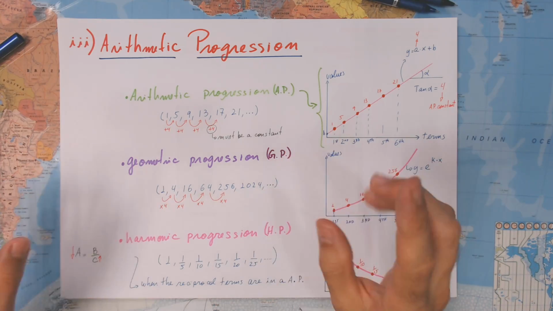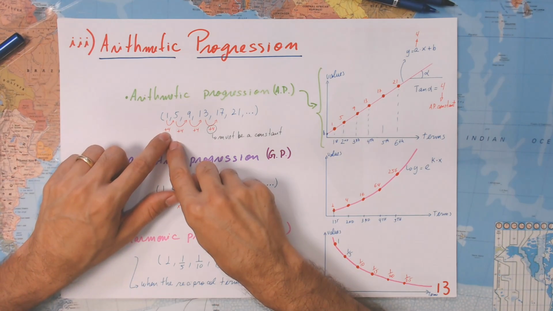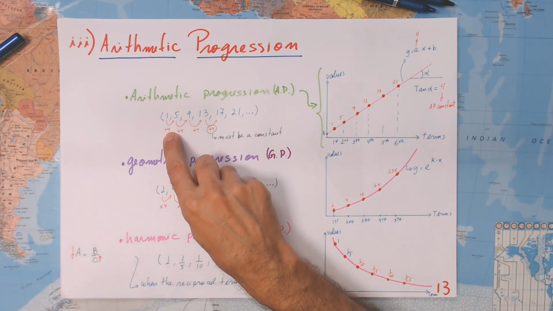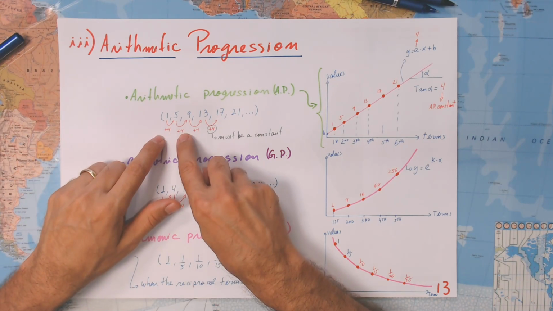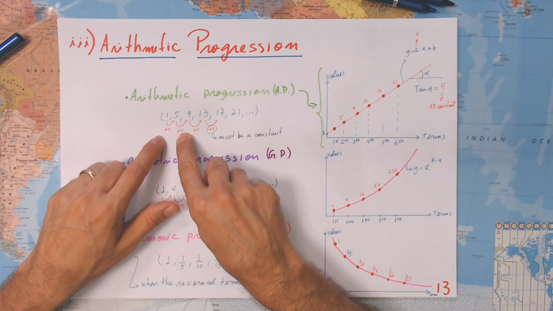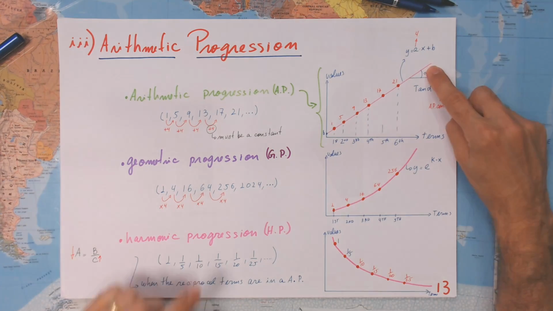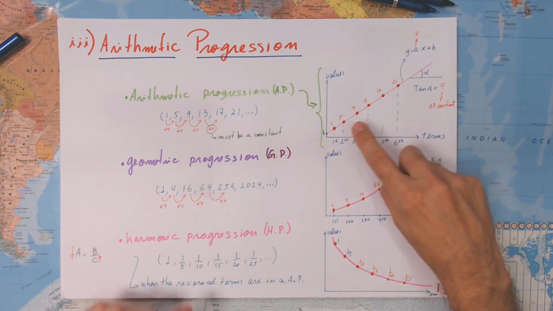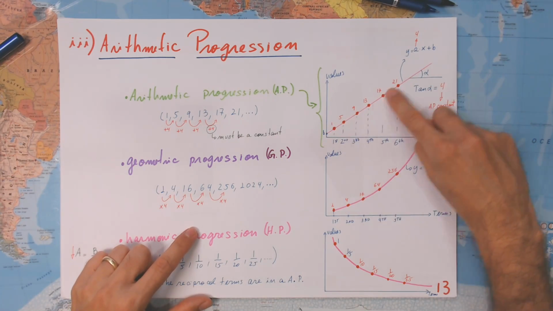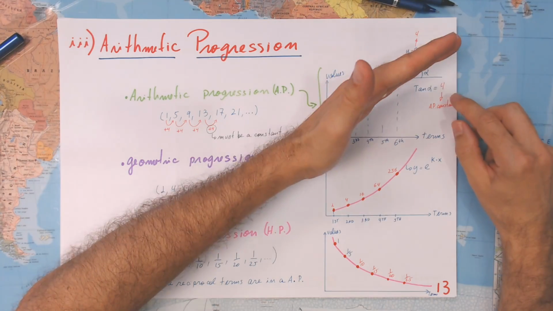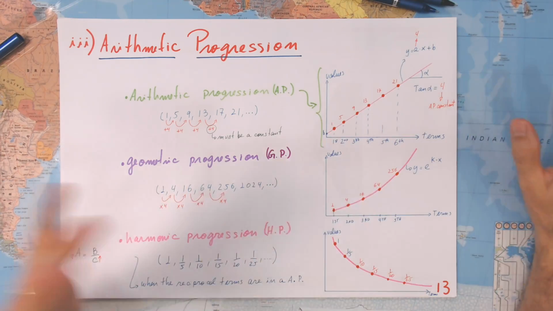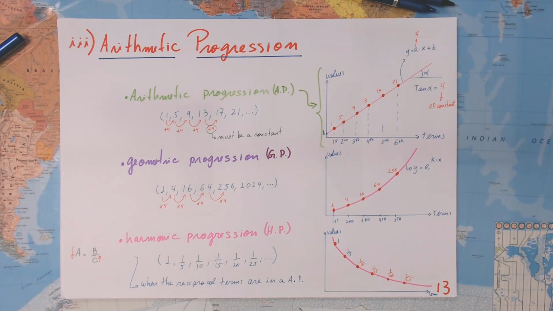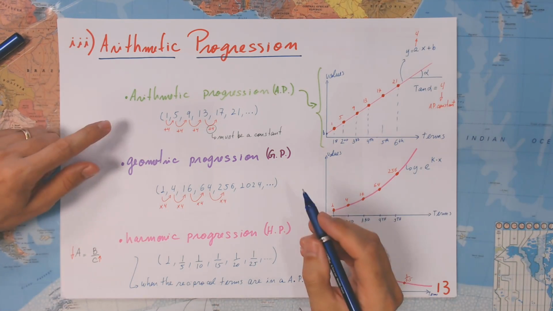Whatever crazy number you find in here, this very same crazy number must be added or subtracted in here. Okay, so the ratio is always the same, because if we just change what is being added, we are going to change the tangent. We are going to change the direction of this line, and we are not anymore in arithmetic progression.